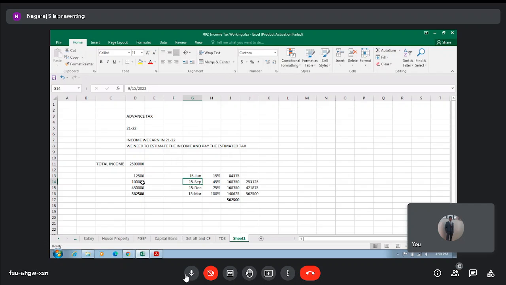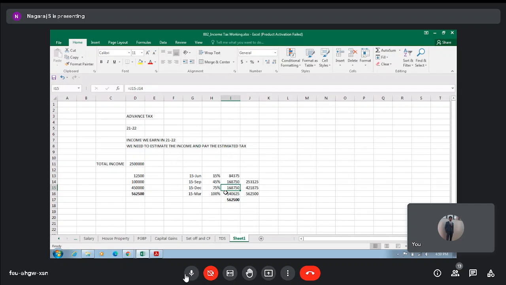Like that, third, on 15th December, your total tax should be 75%. This multiplied by 75% comes to this much. I have already paid 253,125, and the balance I need to pay in this installment.